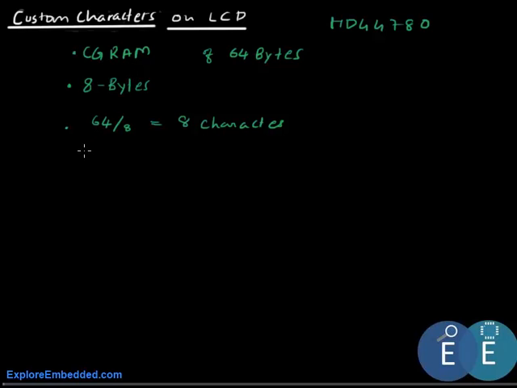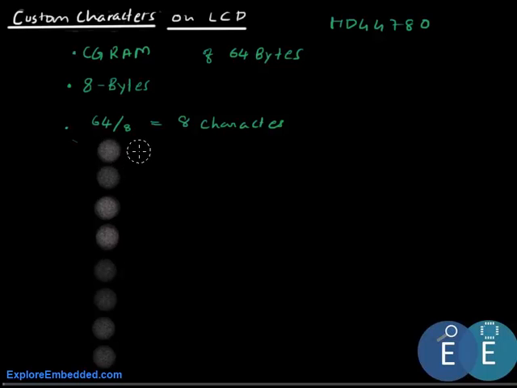Now we'll just draw a simple pattern and we'll see how 8 bytes are required. Say we have this 5x8 matrix.